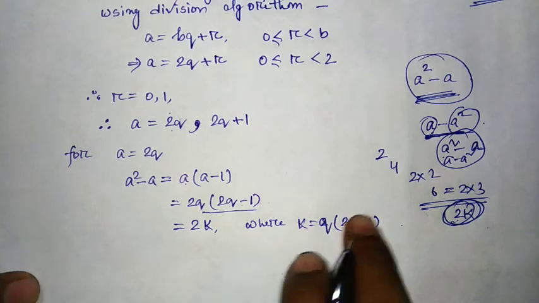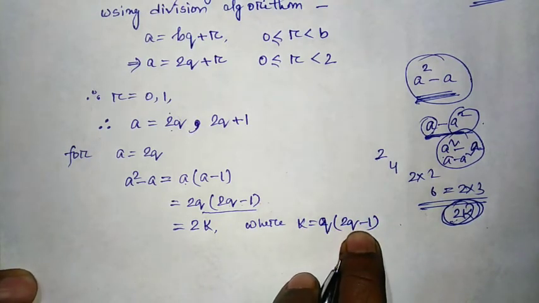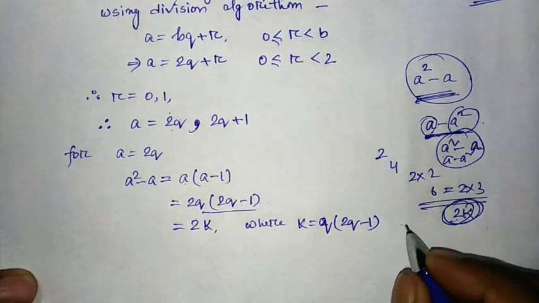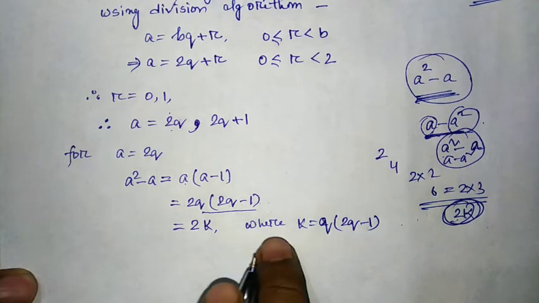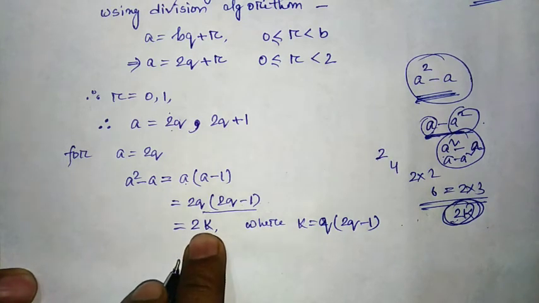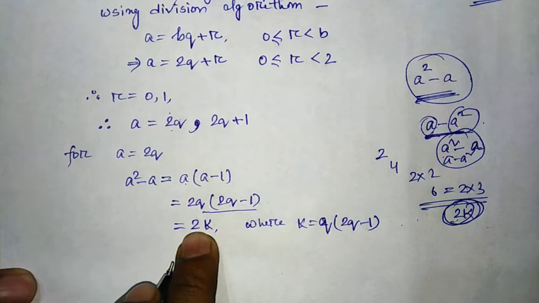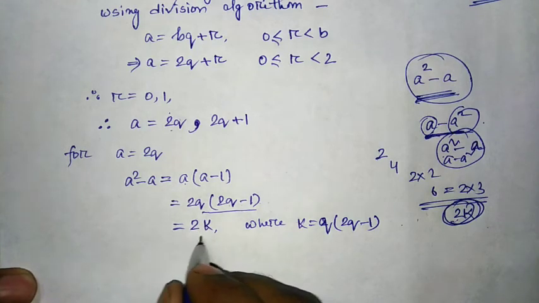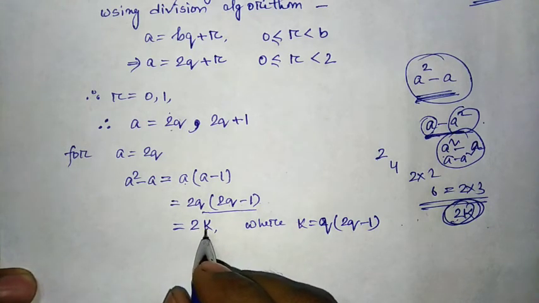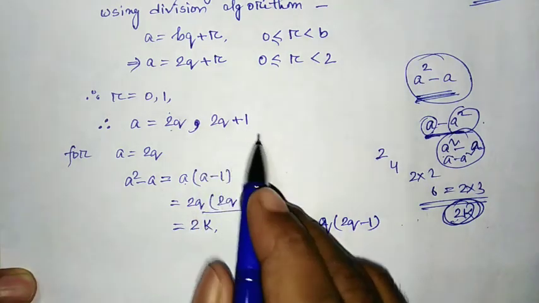So this is nothing but an integer, or you can write k belongs to Z here. So this is a multiple of 2, that means it is even. Yes or no? Which is even. Multiple of 2k means it is even.